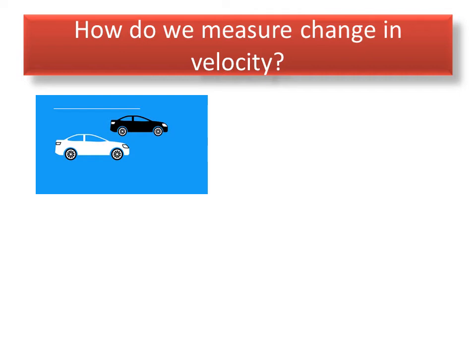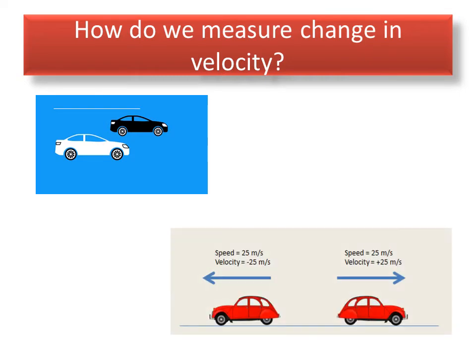Since they have different speeds, even if they have the same direction, they have different velocity. The red cars, both of them, are moving at the same speed, 25 meters per second, but they are in opposite directions. So, of course, they have different velocities.